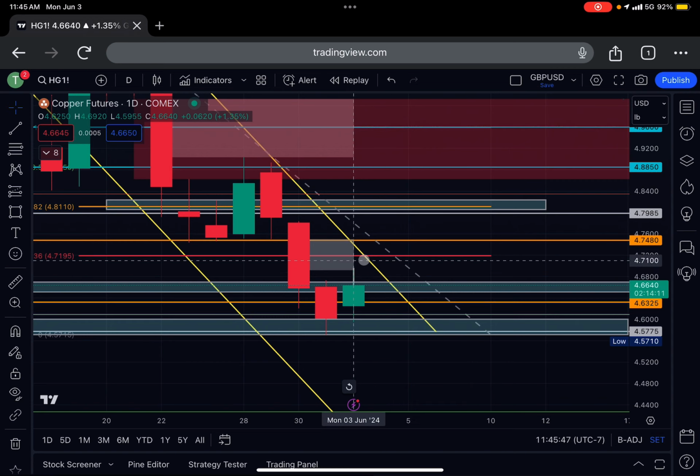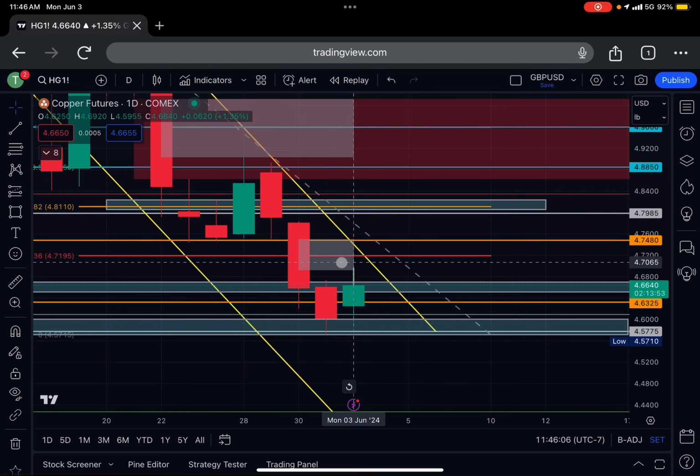If this is the valid channel we are in, then I will be looking for shorts, unless price action pulls up, retests the trend line again and shoots up, then I'll be looking for longs.